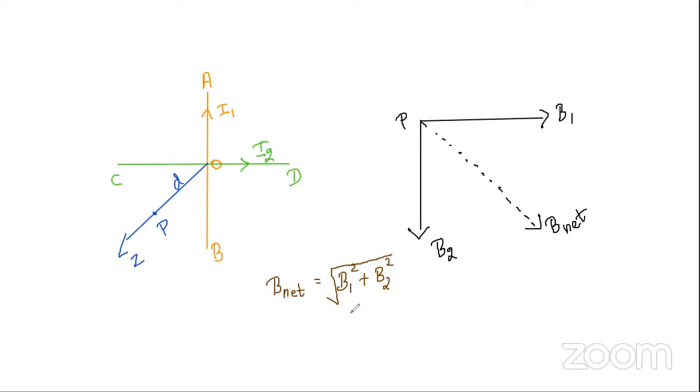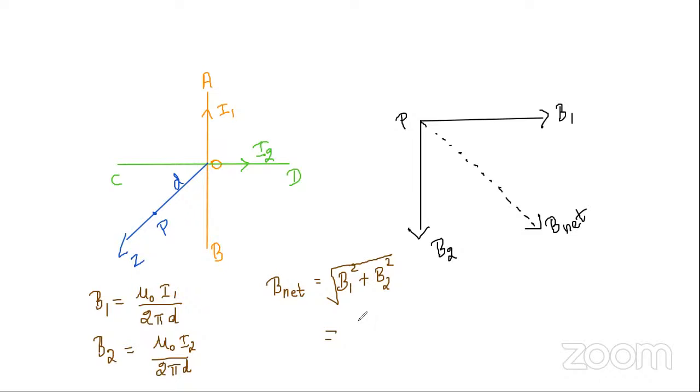B1 for a straight wire, B1 means the field due to AOB, is given by B1 equal to mu naught I1 by 2 pi into D. And B2 is equal to mu naught I2 divided by 2 pi into D. So you have to take the square root and then go for the addition.